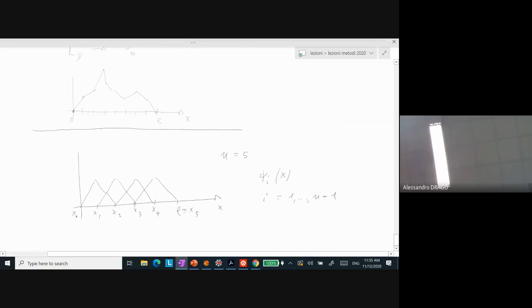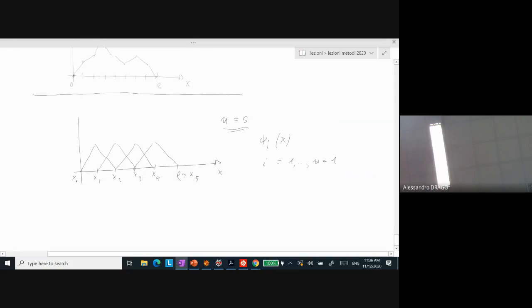We will discuss this in the next lesson. For the moment, if we have divided the interval 0 to L into five subranges, we need only 4 of these functions. And what I'm claiming is that I can write whatever function p of x belonging to Sn.